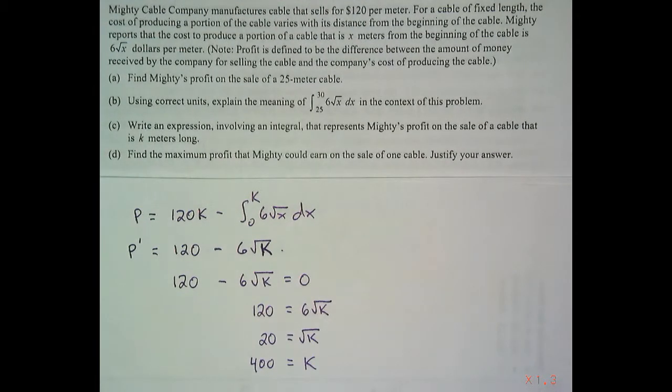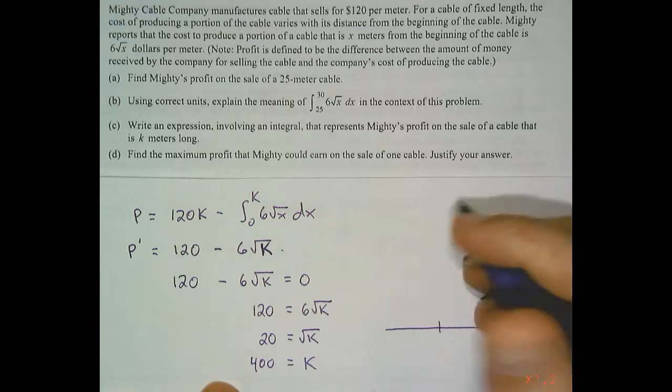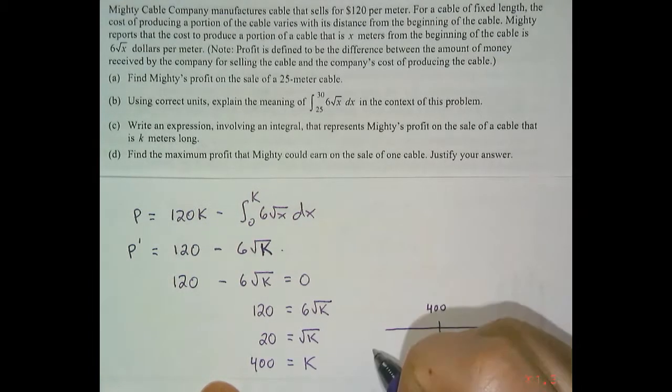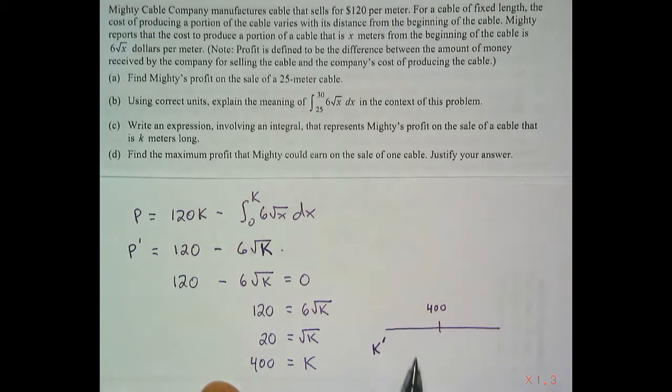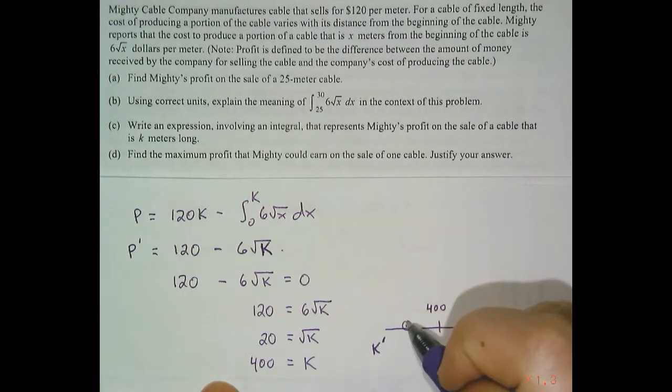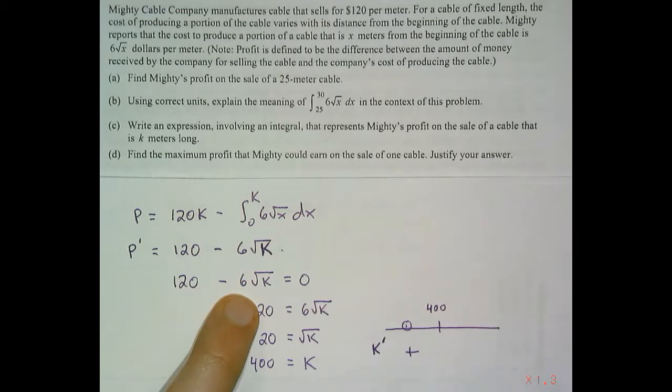We should test to make sure that that is a maximum, since we're trying to maximize profit. So put your critical value on a number line and test the values of k prime. If I stick 1 into k prime, I get a positive answer.